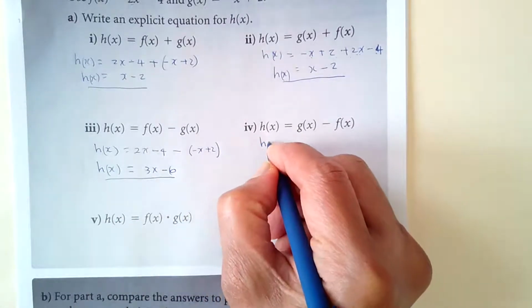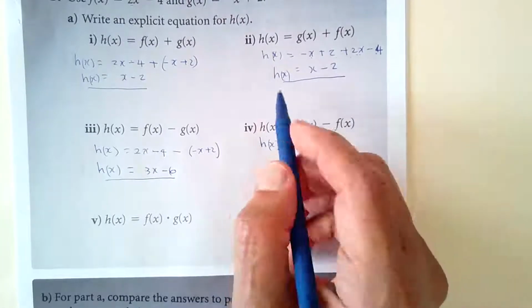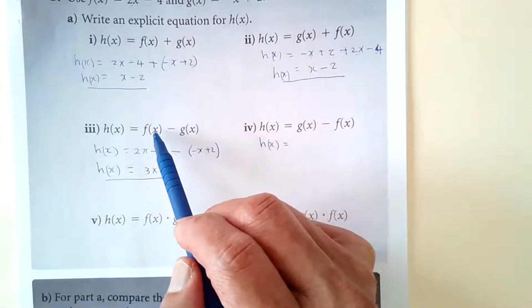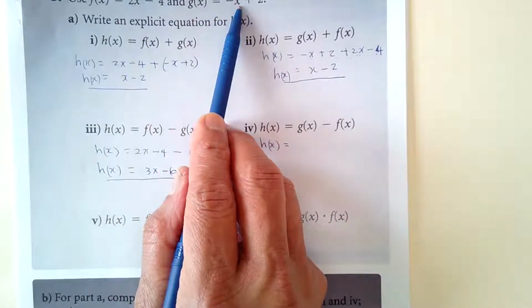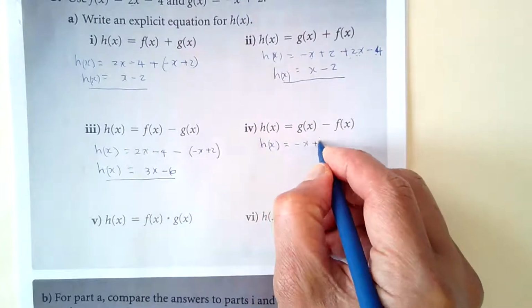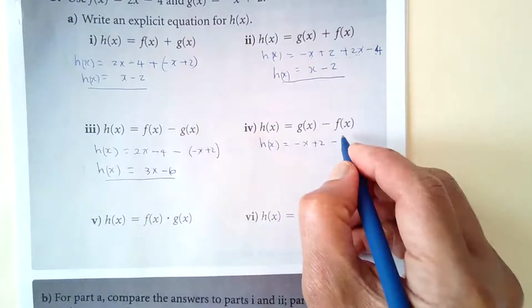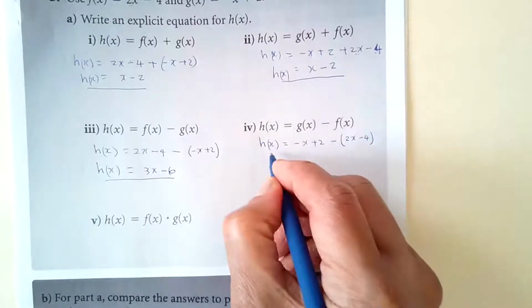So here we have h of x is equal to, we have g of x, which is minus x plus 2 minus f of x. So I'll put that in brackets, 2x minus 4.